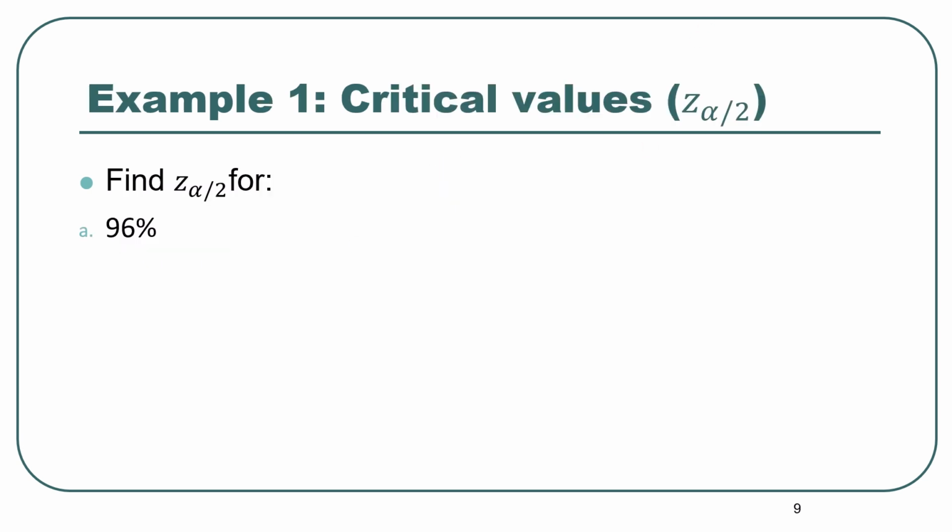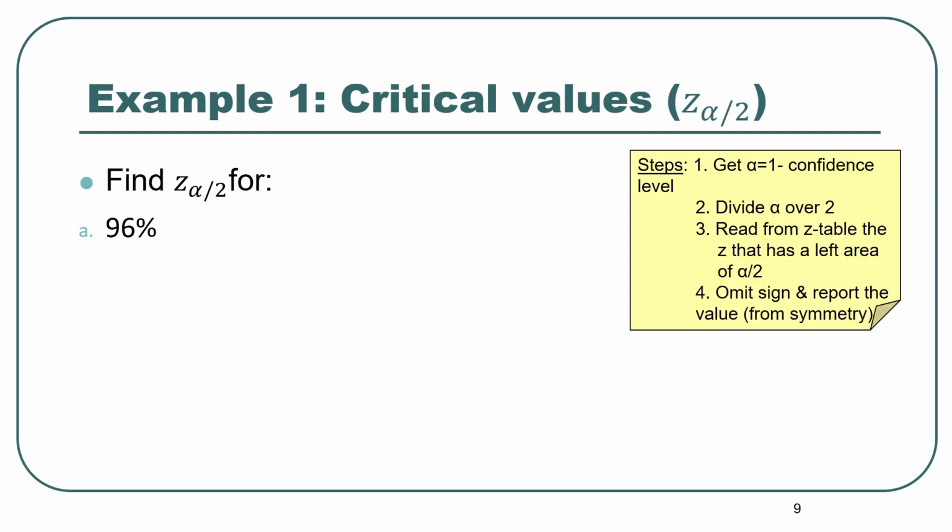Let's warm up by finding the critical values for these confidence levels. What is the Z alpha over 2 that is associated with 96%? We will find alpha first as 1 minus the confidence level, so alpha is 4%, and we'll divide it over 2, so it's 2%, and then we should read from my standard normal table the value that has to its right an area equal to 2%.